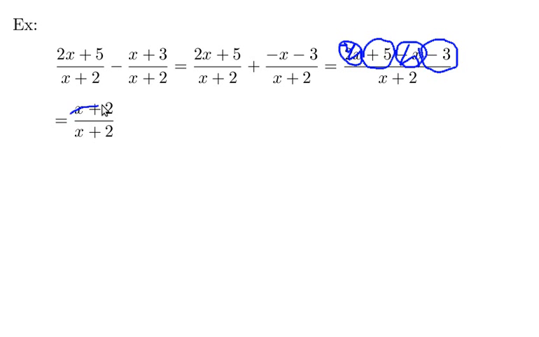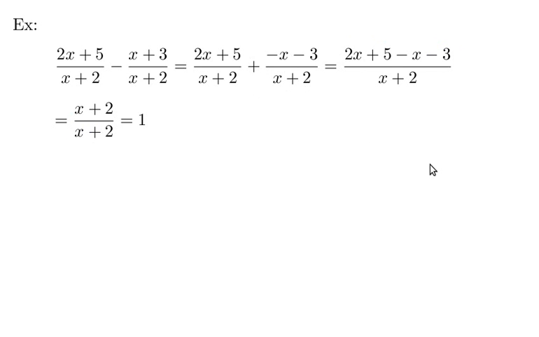Then this x + 2 will cancel out with itself, so all you have left is 1. Also remember, you probably already noticed this, but whenever you change the sign, you only change the sign of the numerator, not the denominator.